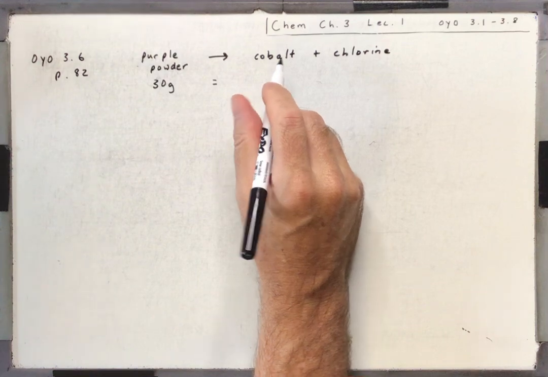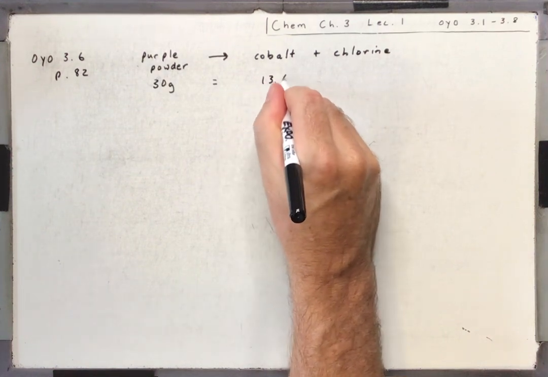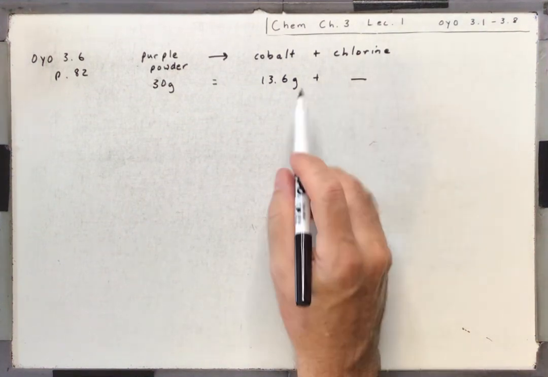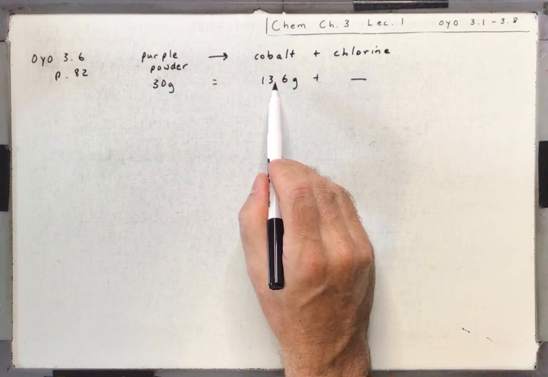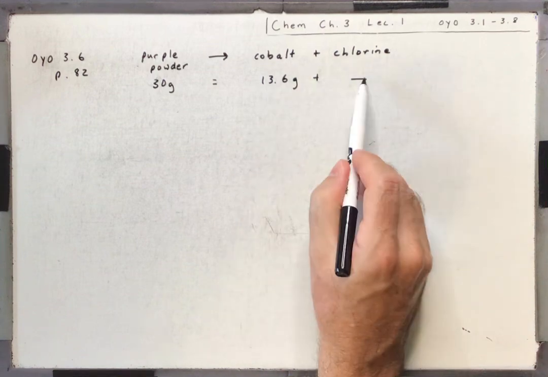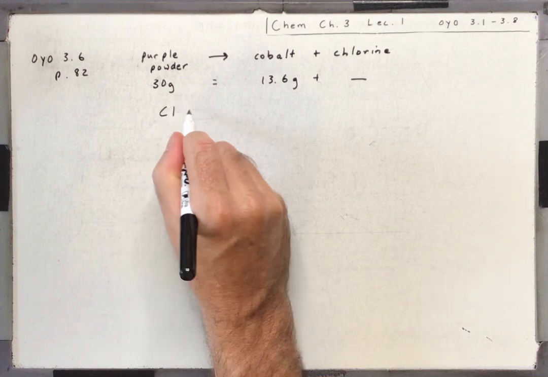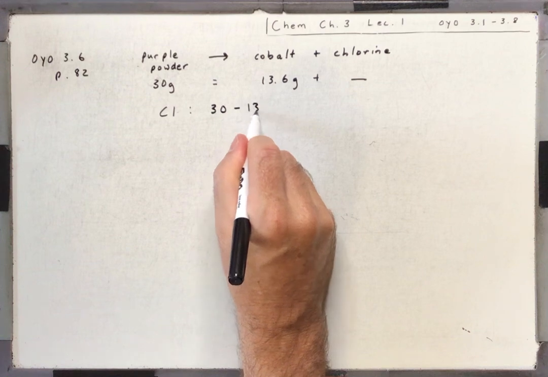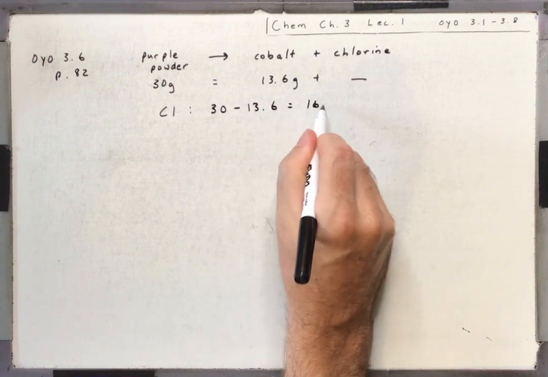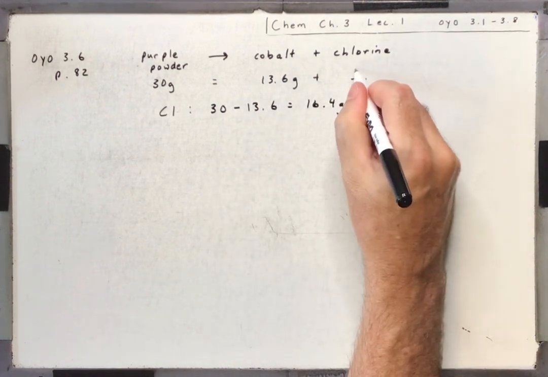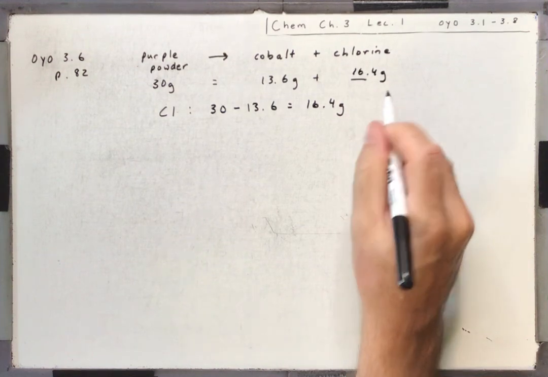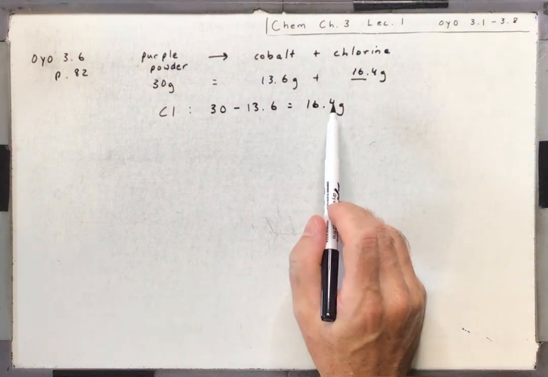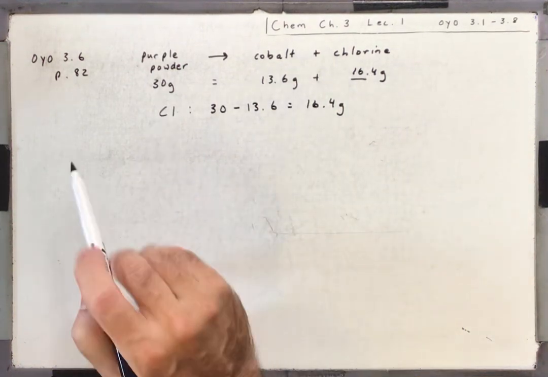It said that the cobalt was 13.6 grams. And then we don't know how much chlorine, but we can figure it out because of the law of mass conservation, these two have to add up. So chlorine, which has a symbol of Cl, is just going to be 30 minus 13.6, which is 16.4 grams. So we had to do a little step and figure out how much chlorine we started with, because the cobalt and the chlorine have to add up to 30.